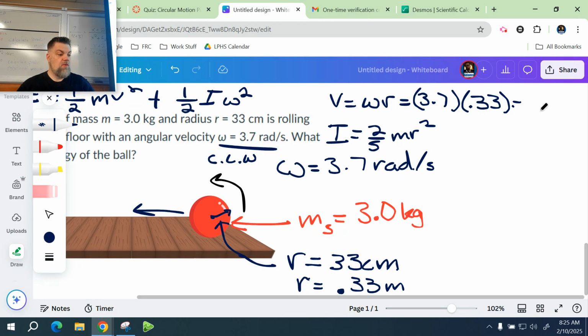That is going to equal 1.22. And that's meters per second, because that's a linear velocity.